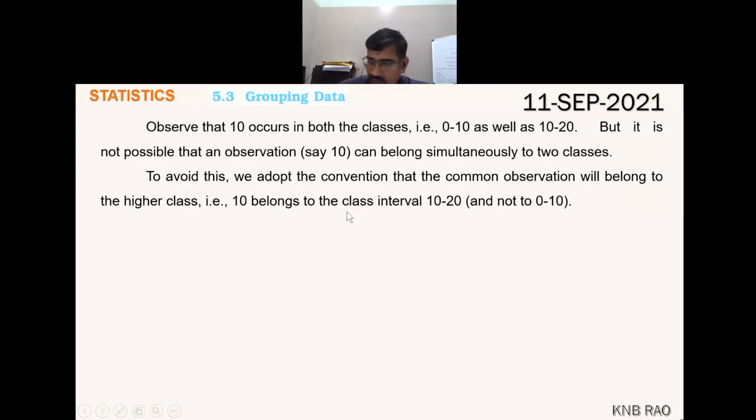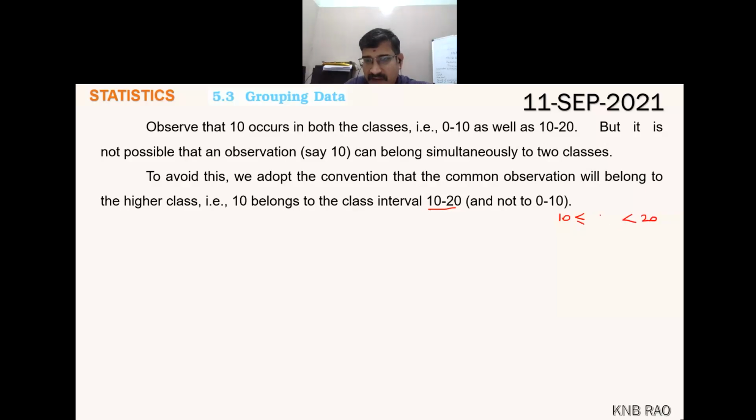So for that only I explained to you that any class interval gives a meaning as lower limit included, upper limit excluded. So, like I said, if I am taking 10 to 20, it means 10 is included, 20 is not included.